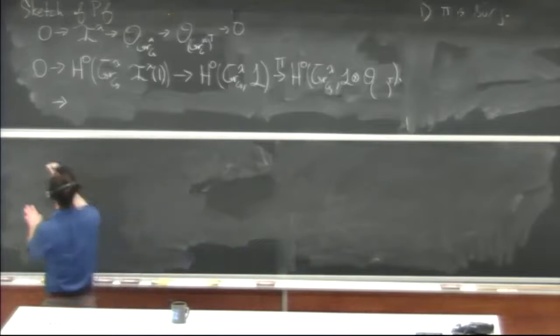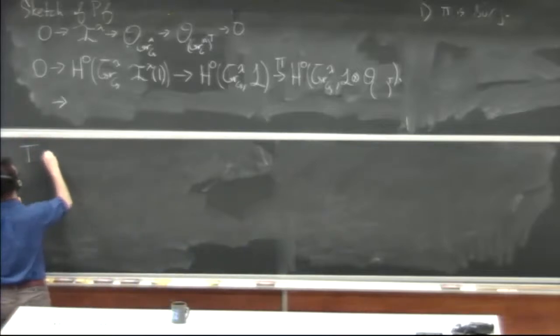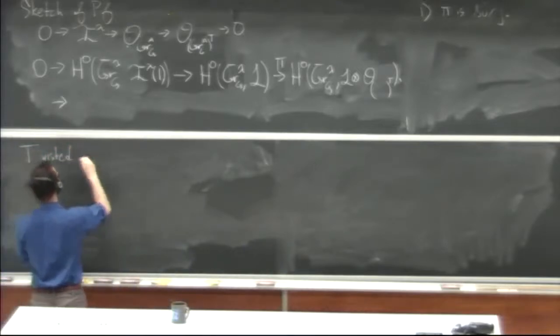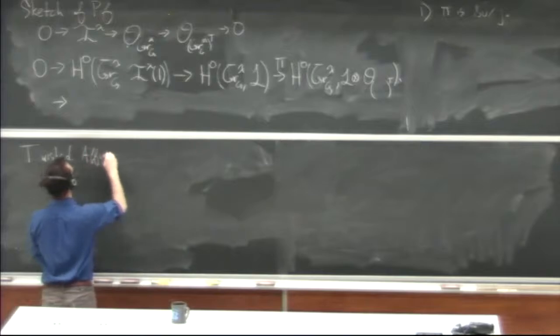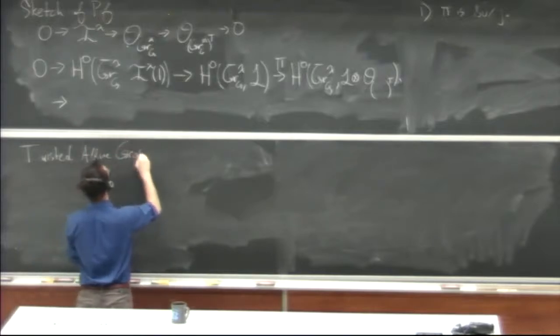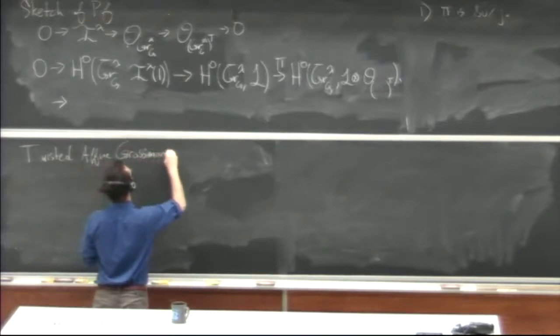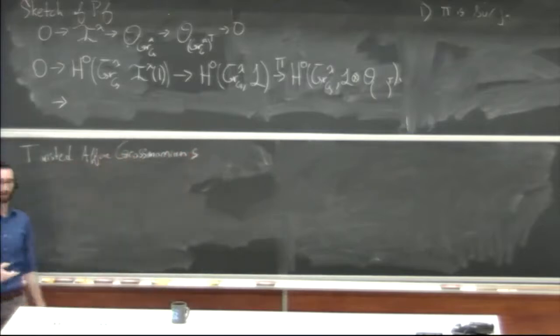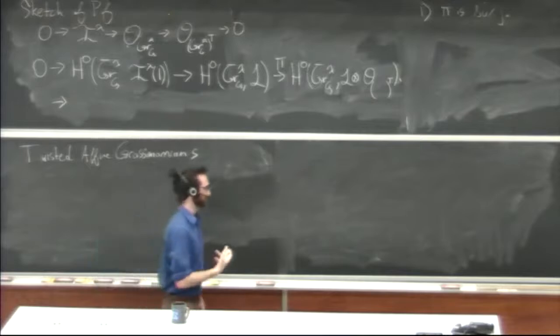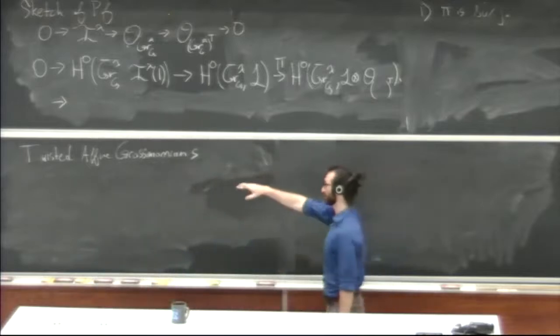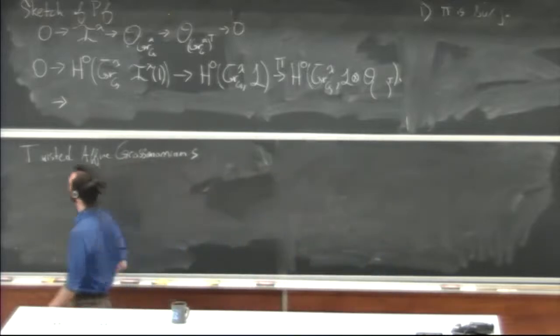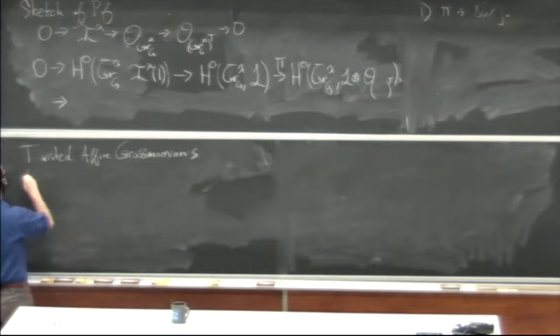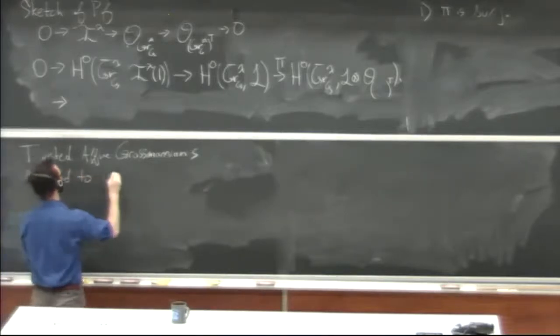So now I want to introduce twisted affine Grassmannians. Twisted affine Grassmannians will be associated to automorphisms of the reductive group G, associated to twisted loop groups.